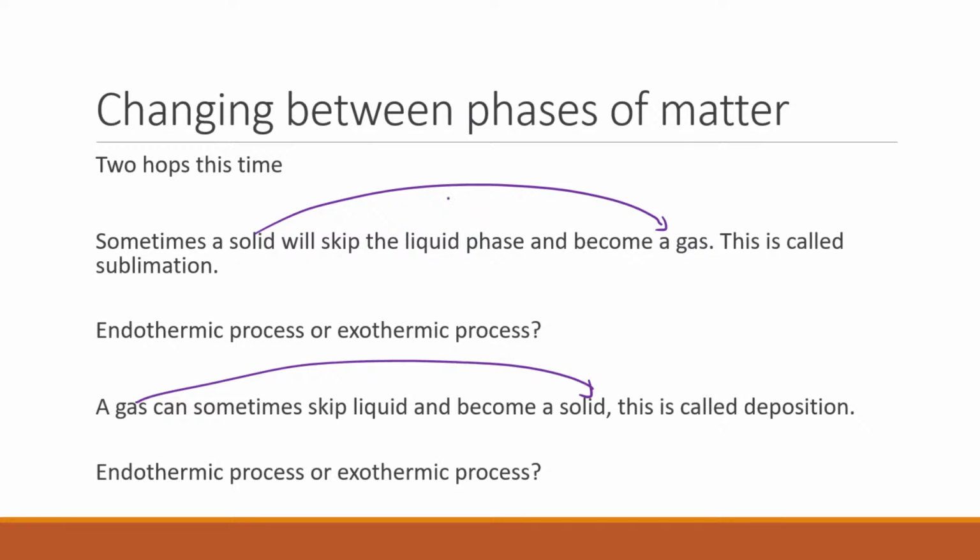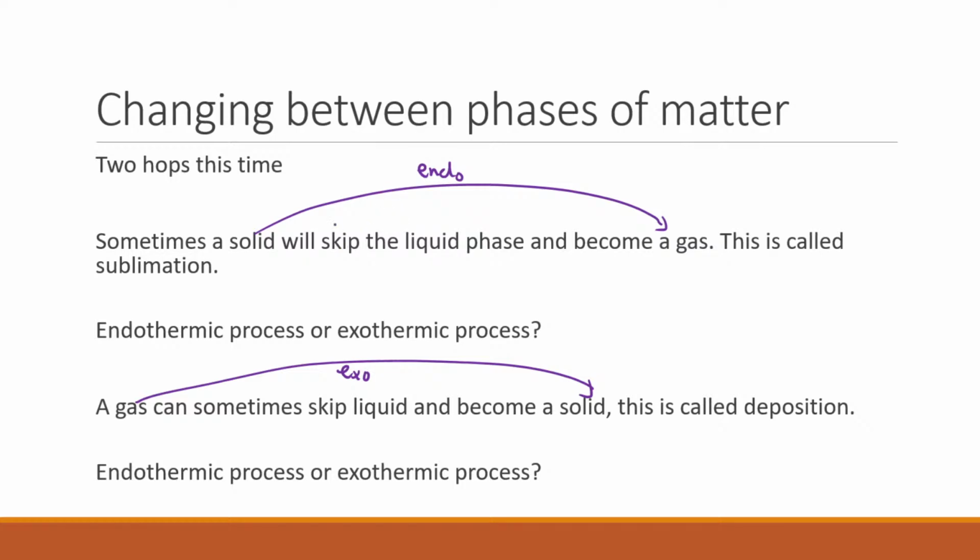All right, good call. Right, sublimation is the endothermic process, and gas to solid, right? Deposition is the exothermic process. I need to put energy in to go from solid to gas, and I need to take energy out to go from gas to solid. Right?